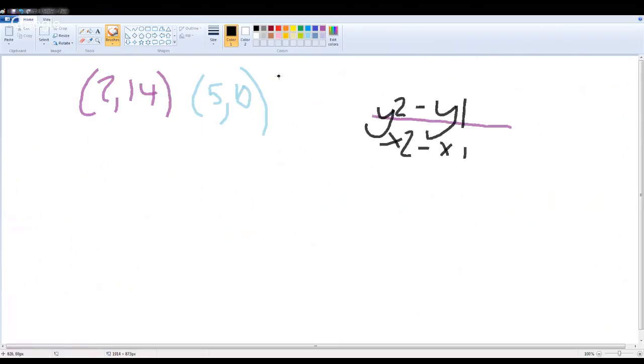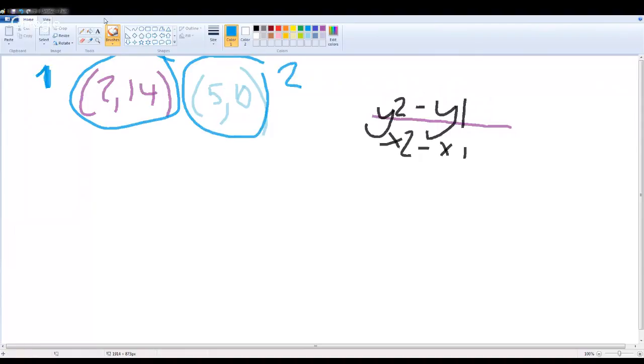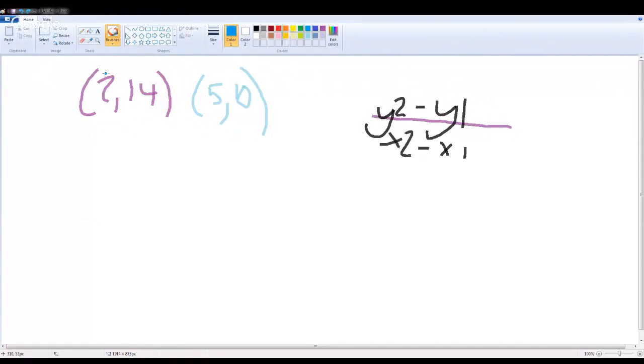Okay, so to know which one is which, like y2 and all that, you have to do this first. So this is the first number. Remember this. This is first, so 1. And this is second, so this one's 2. So this is both ones, and this is both twos.